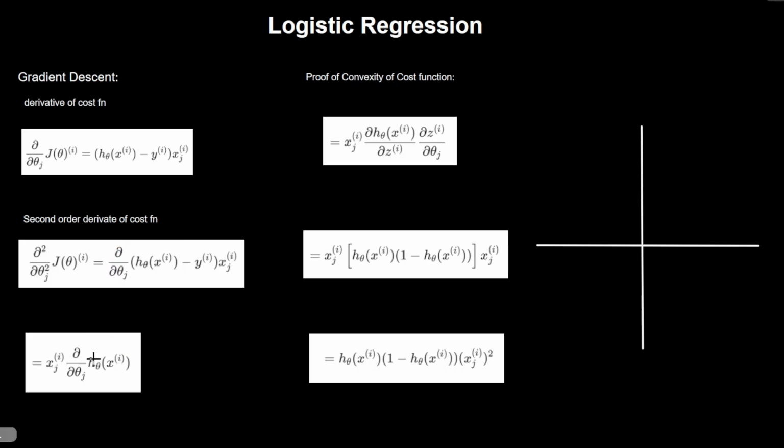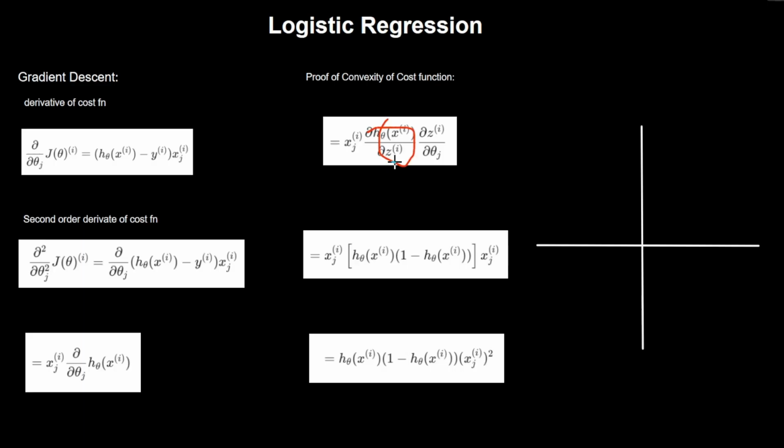Using the chain rule, we can represent this like this. We can partially differentiate this with respect to z, and we can partially differentiate the same thing with respect to theta j. For this we did the calculation already previously.